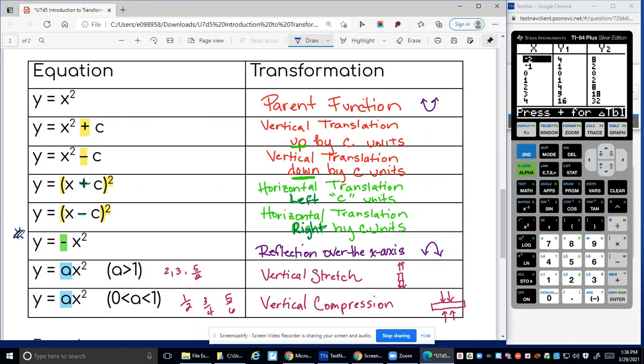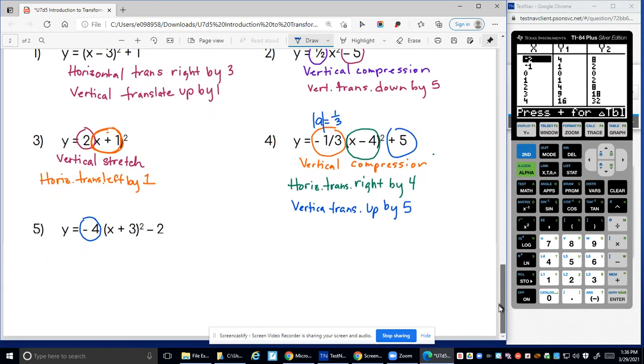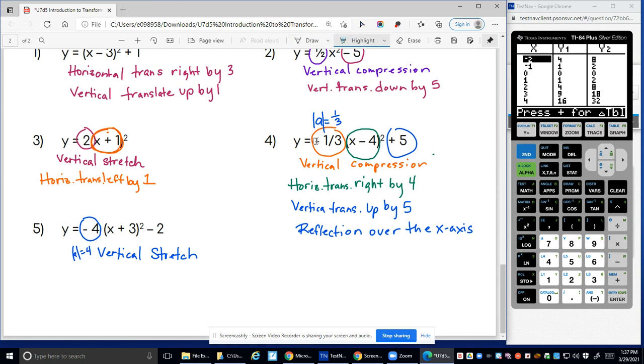What was the negative? Reflection over the x-axis. We totally got to put that in. Reflection, because I have that negative, right, over the x-axis. And I'm going to put that right here, like, hey, don't forget, we have a negative.